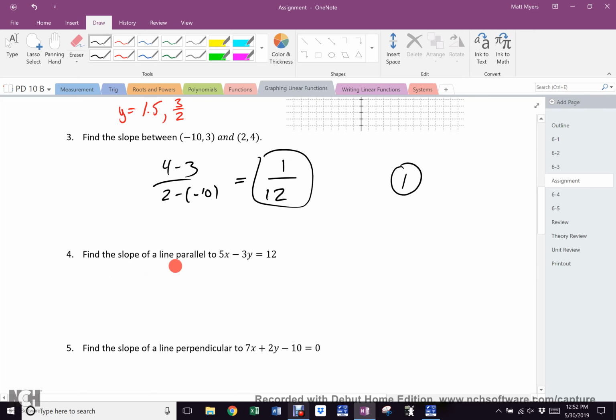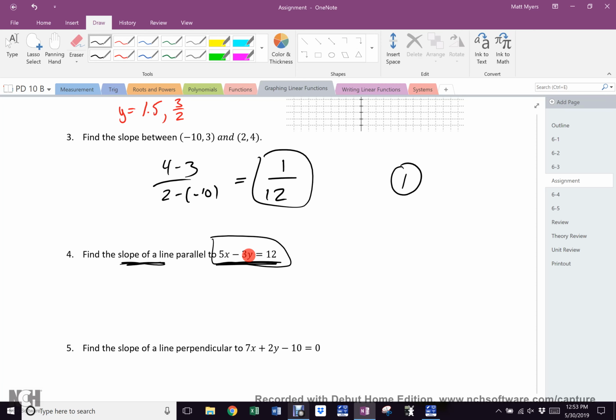If this is the line I have, I need the slope of a parallel line. What will the slope of every parallel line be to that line? The same. So if I know that line's slope, do I know the answer to this question? How do I find slope algebraically? What finds me slope automatically?